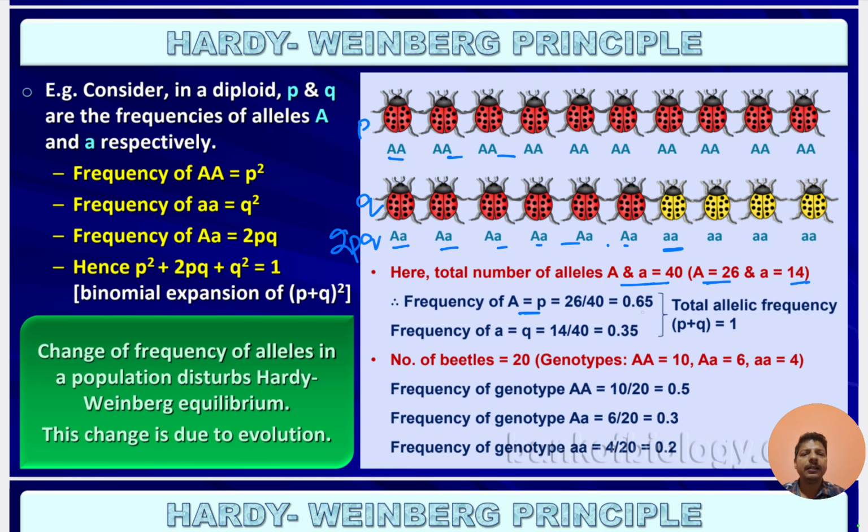Frequency of capital A is 0.65, frequency of small a is 0.35, total allele frequency equals 1. Number of beetles 20, genotype this one, and the frequency of genotype capital A capital A is 0.5, frequency of genotype small a small a is 0.3, frequency of genotype capital A small a equals 0.2.